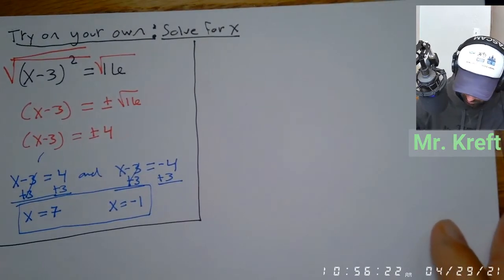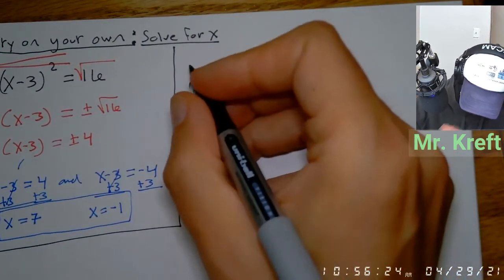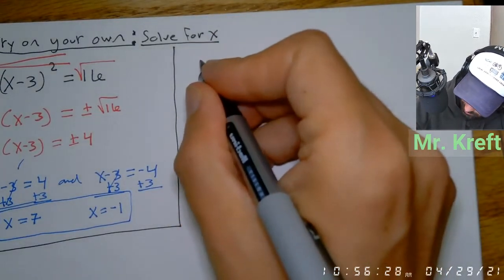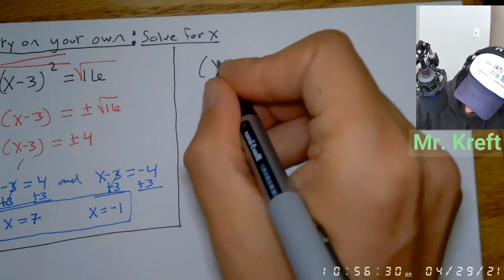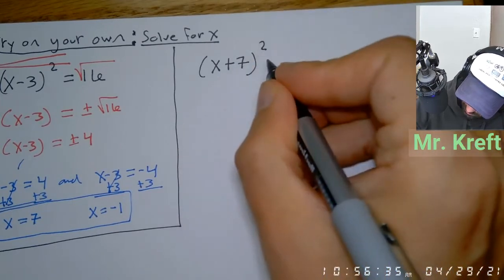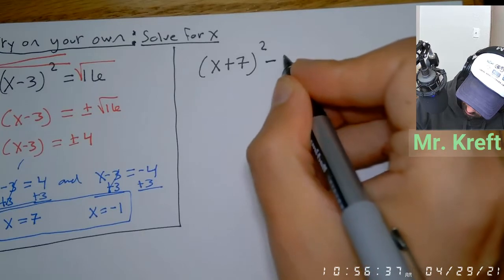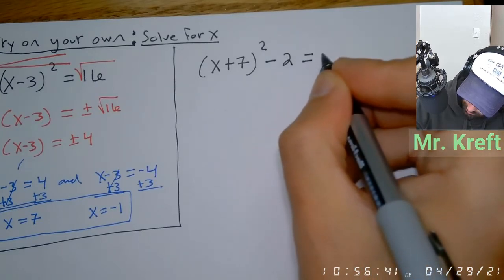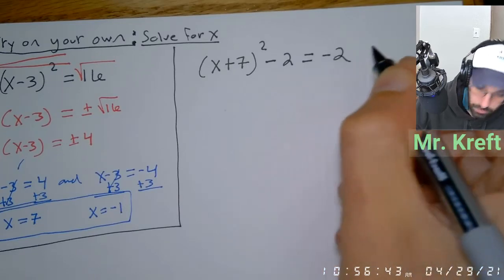Okay, so let's try another one. Let's try this one. The quantity of x plus 7 quantity squared minus 2 equals negative 2.